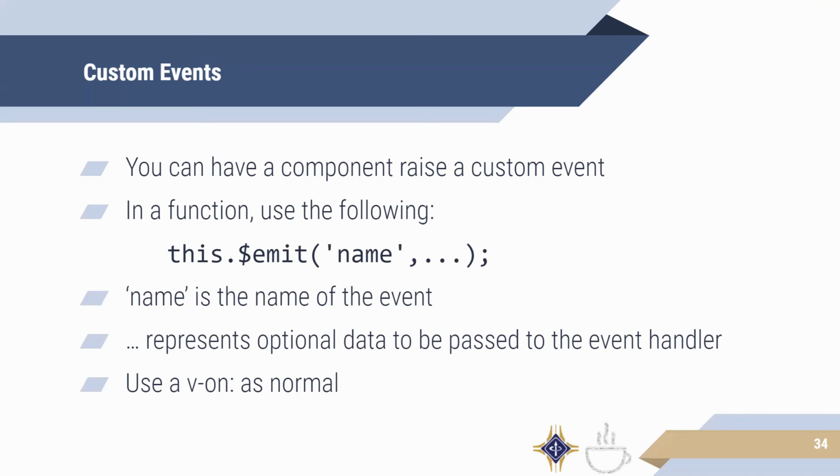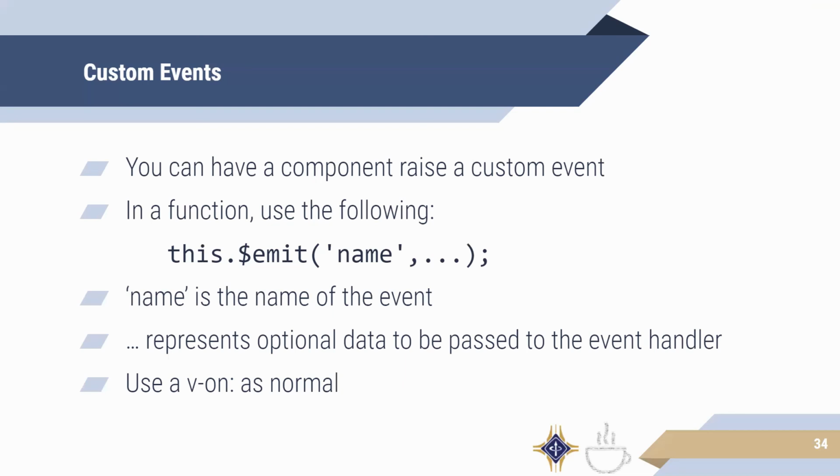In the emit function, there is one required parameter and several optional parameters. The first required one is name, where you provide the name for the custom event you want to raise. And then the ... you see here are optional parameters, which is any optional data you want to pass to the event handler.